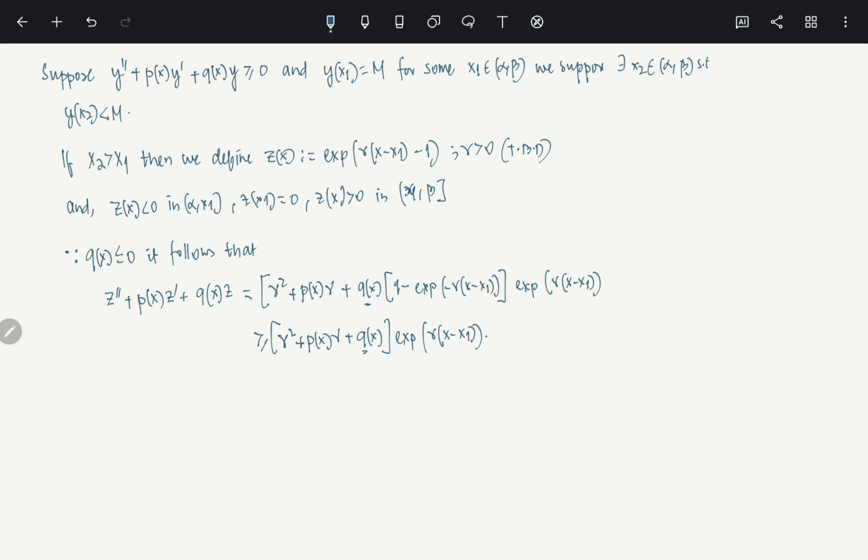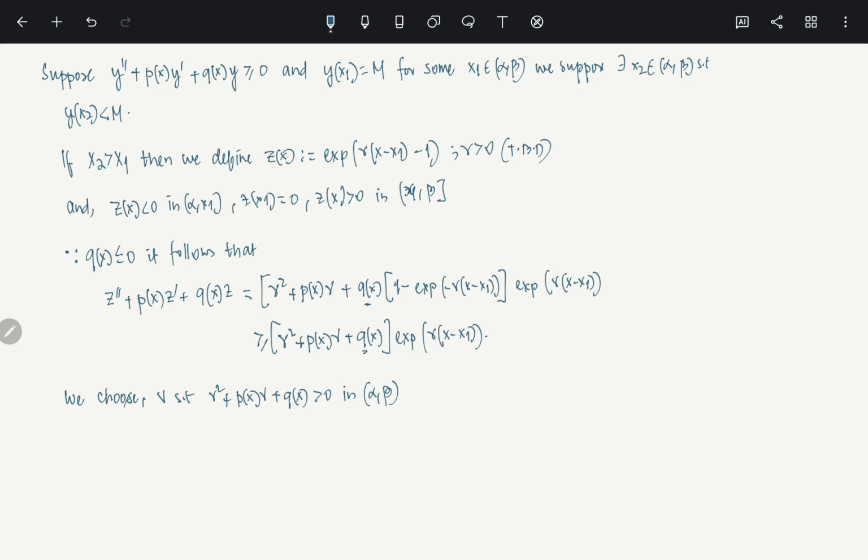Now, we have assumed that gamma is to be determined later, right? So we choose gamma such that gamma square plus p of x gamma plus q of x is strictly positive in the open interval (alpha, beta). We can choose it, right?